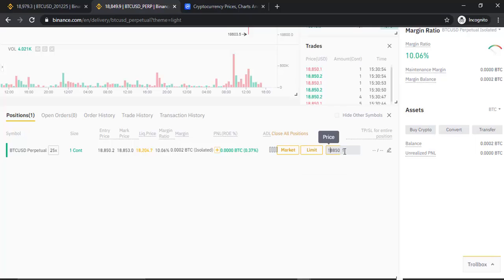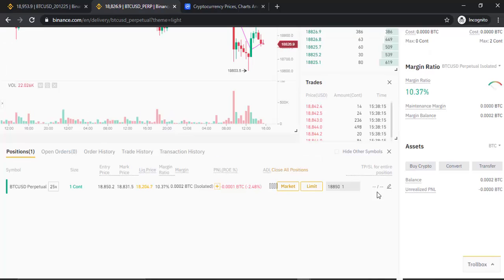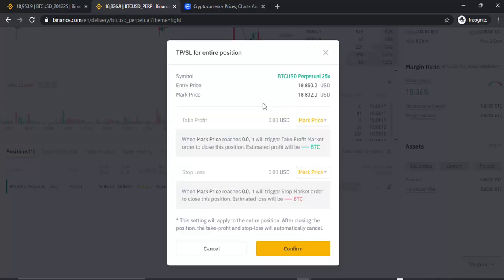So kindly put the price here, and then put the percentage here, and then you either use market or limit. We can add advanced take profit and stop loss from here. As you can see, we traded with a little amount of Bitcoin, so if you are entering the price here, the profit won't come out big, and the loss also won't come out big.